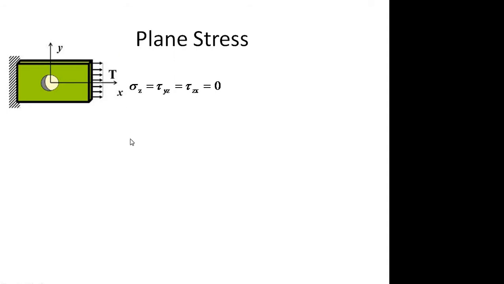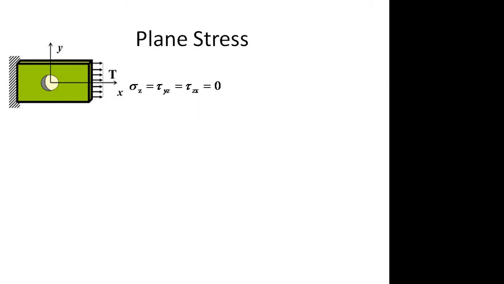Why we assume it as plane stress is that we are not restricting the material along the z direction. See here, it is free to move along the z direction. We are not constraining it.